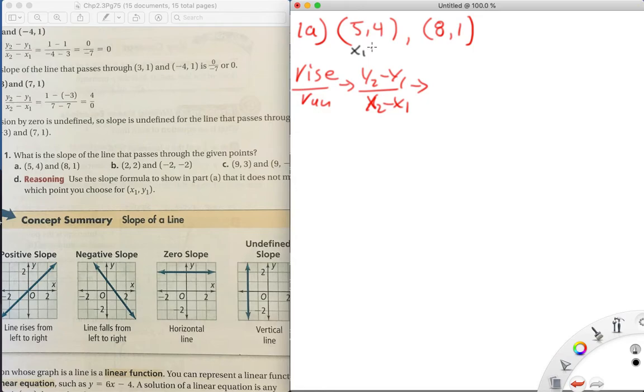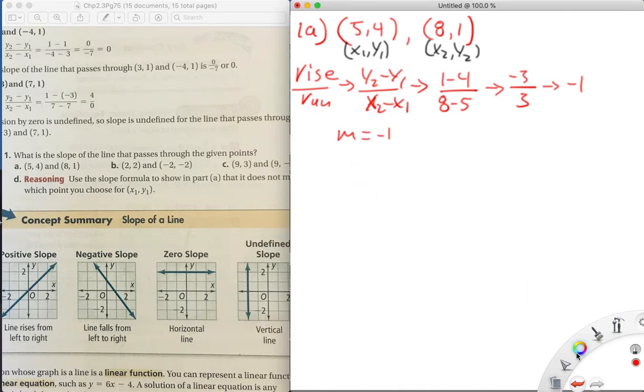So if we call this x1, y1, and we call this x2, y2, then it would be 1 minus 4 over 8 minus 5, which gives me negative 3 over 3, which gives me negative 1. So slope equals negative 1.